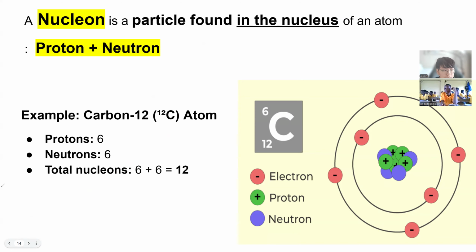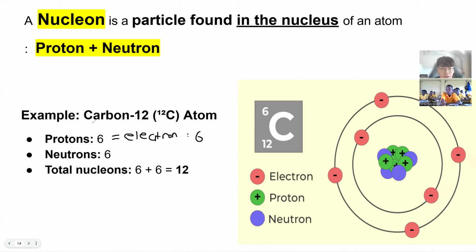Since electron numbers should equal proton numbers. Again, 6. So remember always that electron numbers should equal proton numbers when it is in its neutral state.